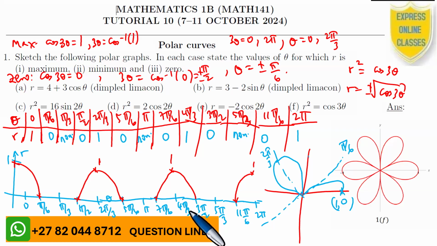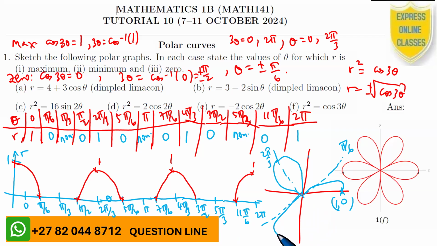Because this, yeah, it's going to be a 1, but it's going to start from 7 pi over 6, up to 4 pi over 3. It's going to be a 1.